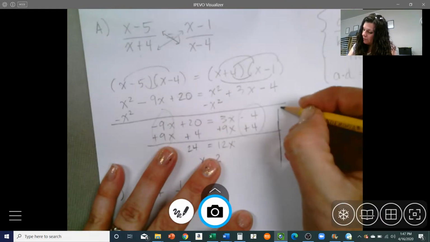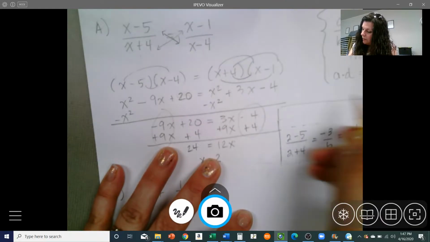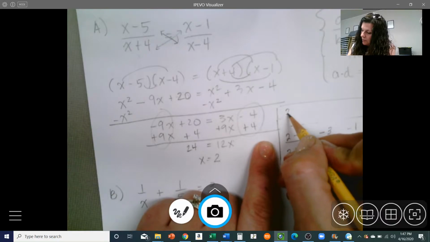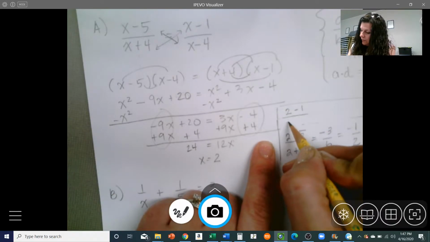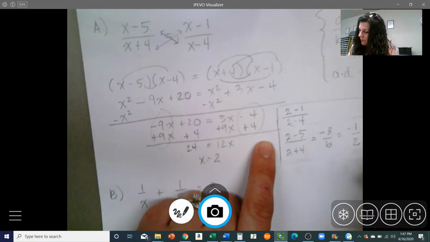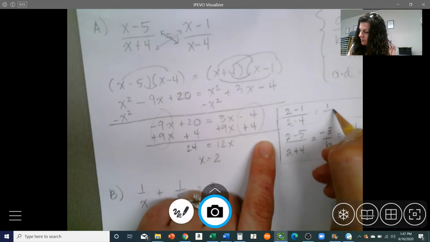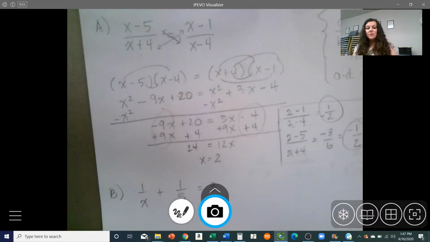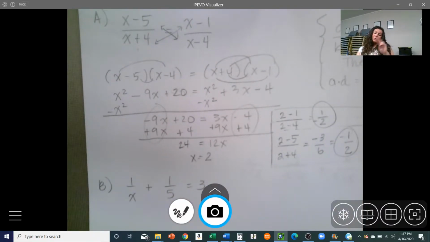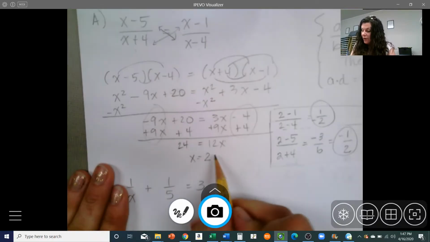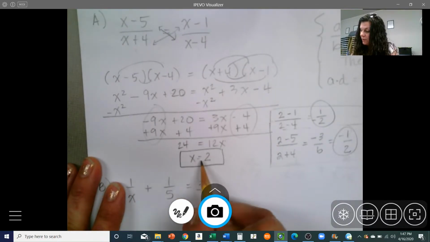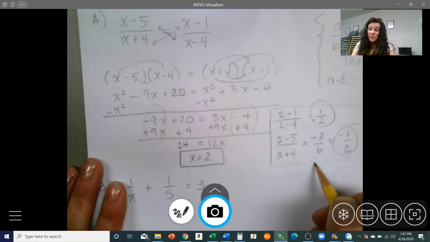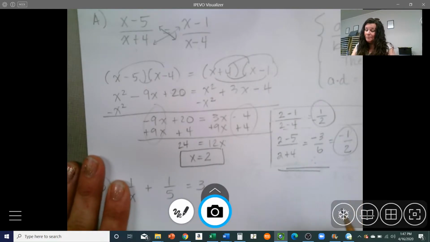I'll do that second one here. 2 minus 1 over 2 minus 4. 2 minus 1 is 1. 2 minus 4 is negative 2. So I get negative half for both. And because they're the same, I know that that's the right answer. So my solution is 2. Checking it is important. You have to do this part.